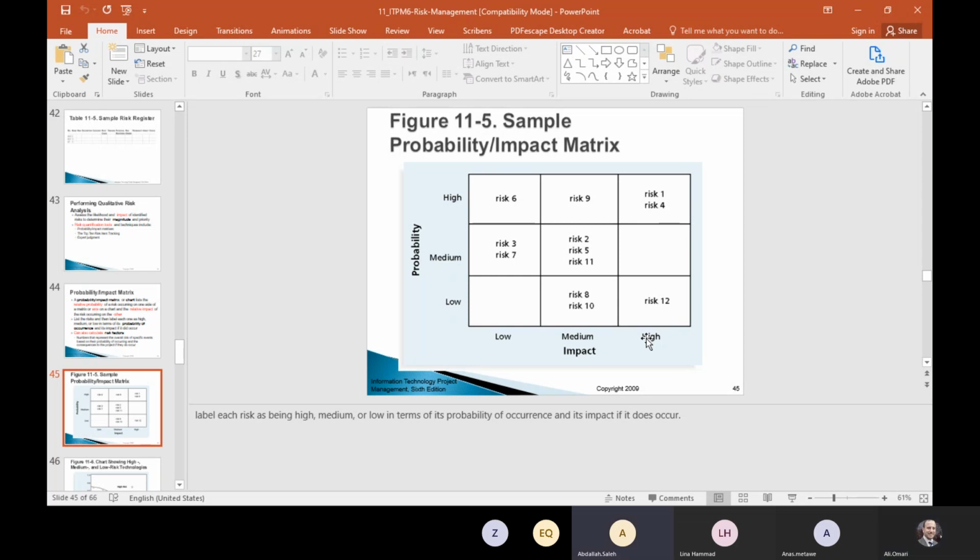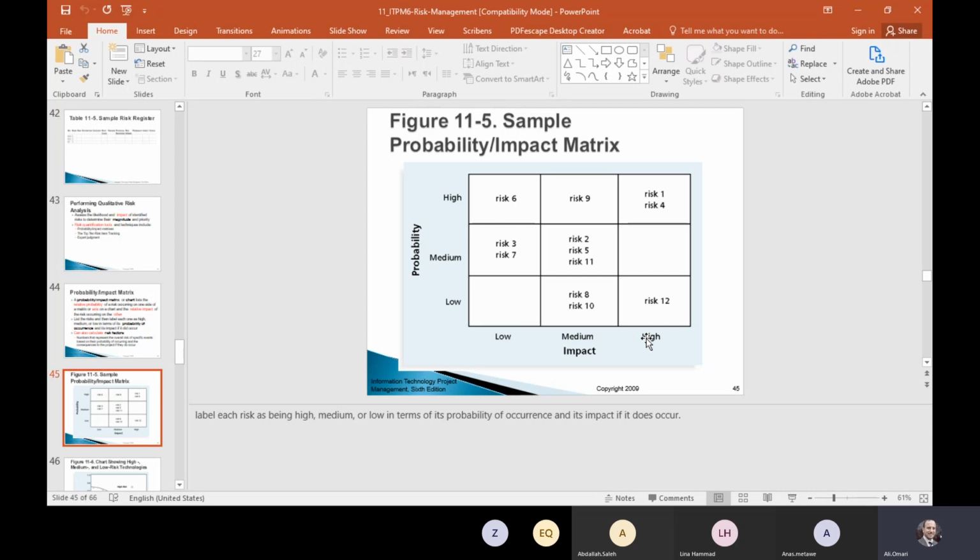What, engineer, what is the question? The highest risk that impacts your project, that has the most probability to occur and will most impact the project. Risk 1 and 4, right? Risk 1 and 4, exactly.